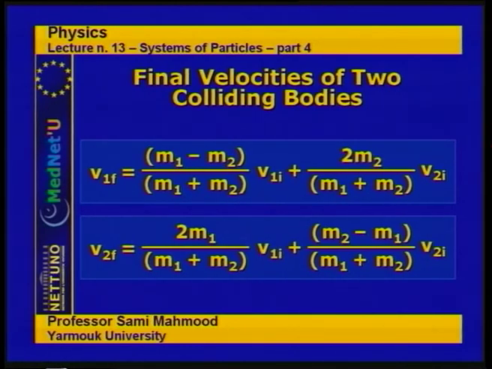If we substitute its value in any one of the two equations that we are using, we can find the final velocity of the second object, the target object, and it is found that V2 final is equal to 2M1 divided by (M1 plus M2), all multiplied by V1 initial, plus (M2 minus M1) divided by (M1 plus M2), all multiplied by V2 initial.